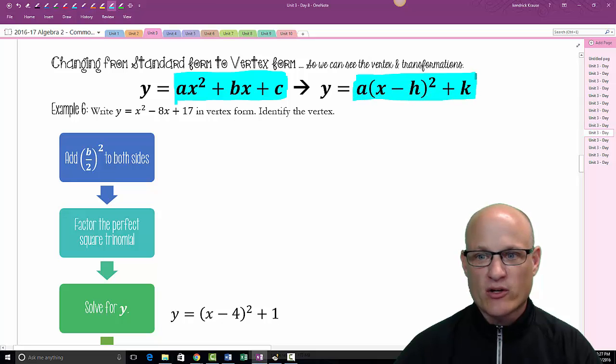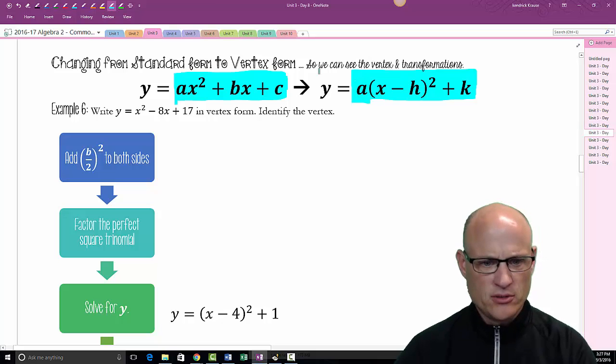We can see where it's shifted: is it up, is it down, is it left, is it right, and so on. So that's our goal today.